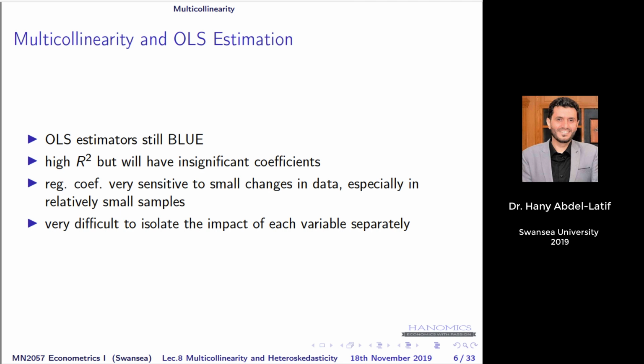Even though your OLS estimator is BLUE, which is something we are happy about because these are desirable properties of our estimator, you will also have a high R square, which again is something we are happy with, because that means our model explains much of the variation in our dependent variable, which is great.